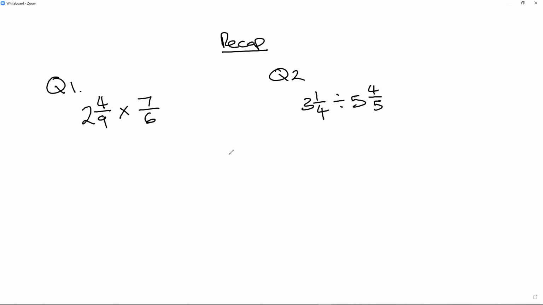Write your answer as a mixed number, in other words, a whole number and a fraction. Press pause and then try it.